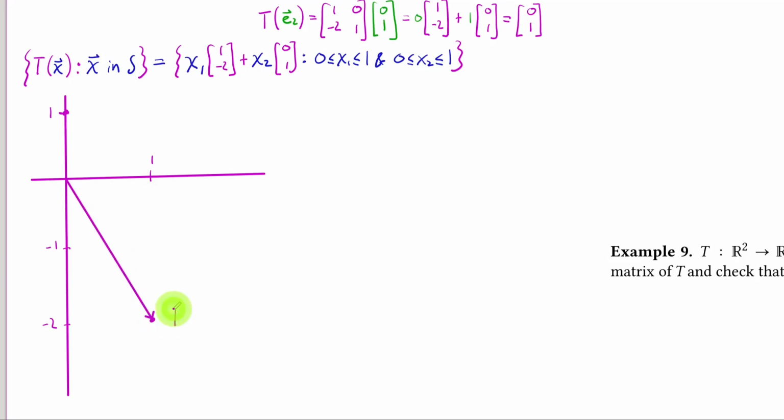Right here is the point T of e1, and right here is the point T of e2.